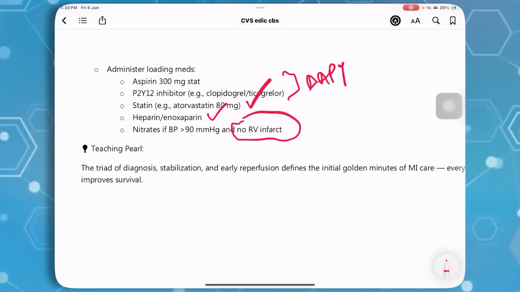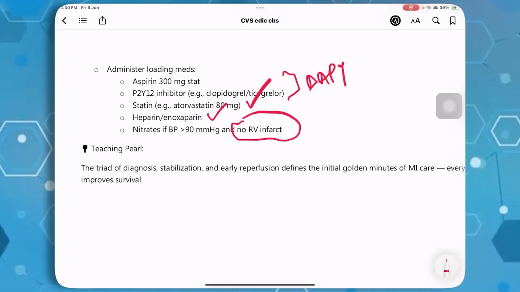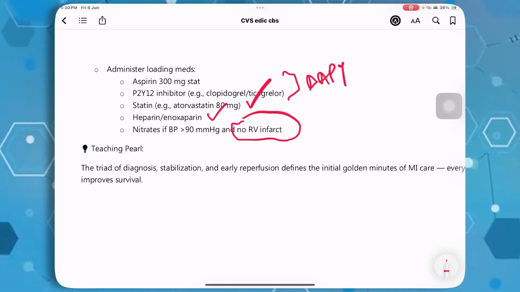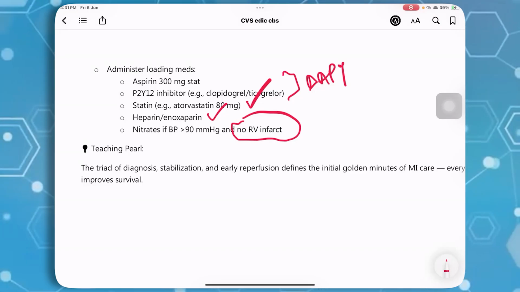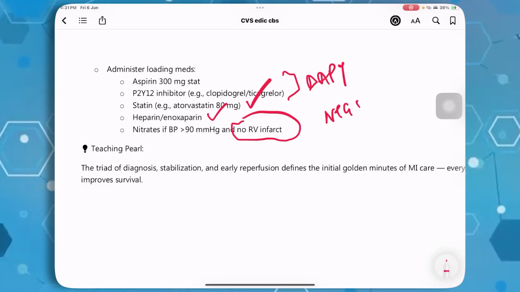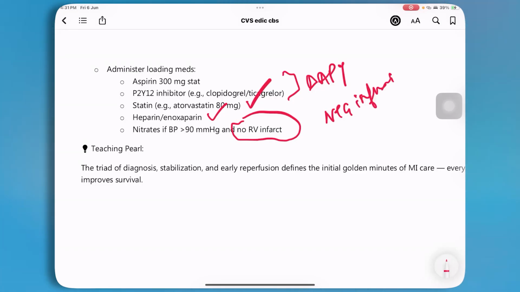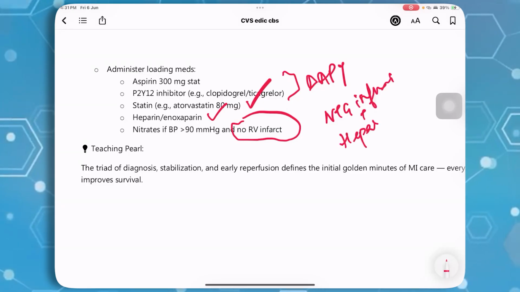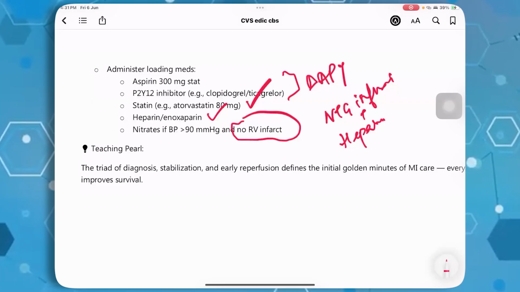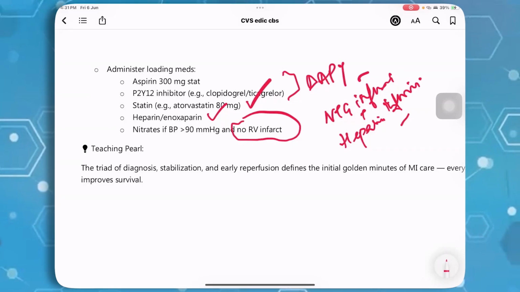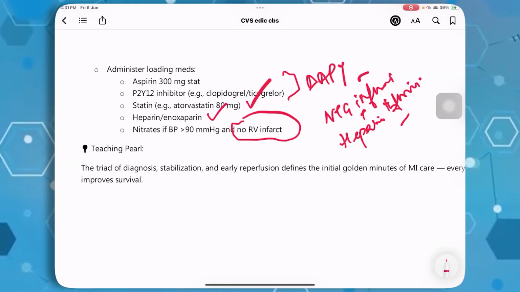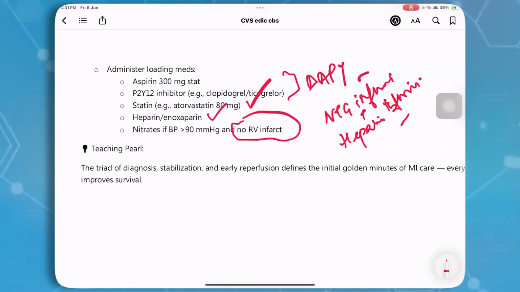In our case, the patient has an anterior wall MI and the patient is having ongoing chest pain. So either NTG infusion along with a heparin infusion can also be given. That is based on the discretion of the treating doctor. If they feel that the blood pressure is high and the patient has high risk of collapsing, then you can start NTG infusion along with heparin infusion.